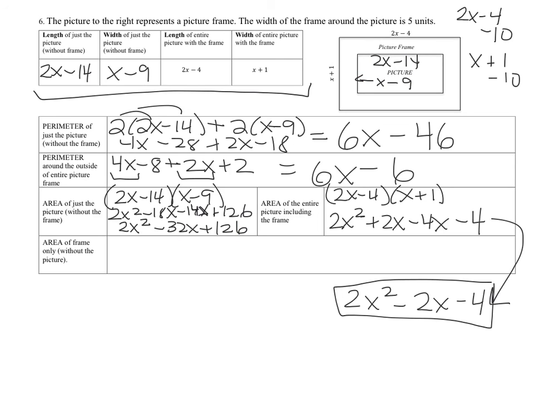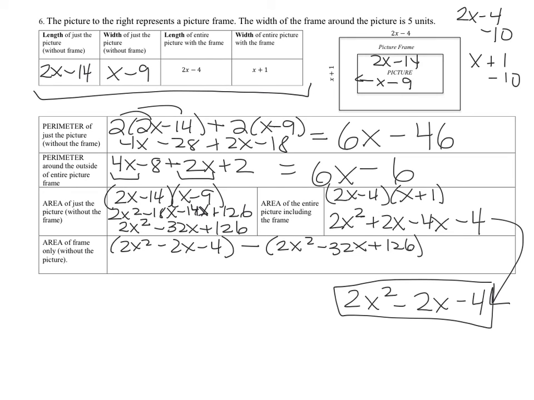So when I subtract polynomials, I got to be careful. So I'm going to take the 2x squared minus 2x minus 4, that's the area of the whole shape, minus the area of the other shape, the inside shape, which is 2x squared minus 32x plus 126.